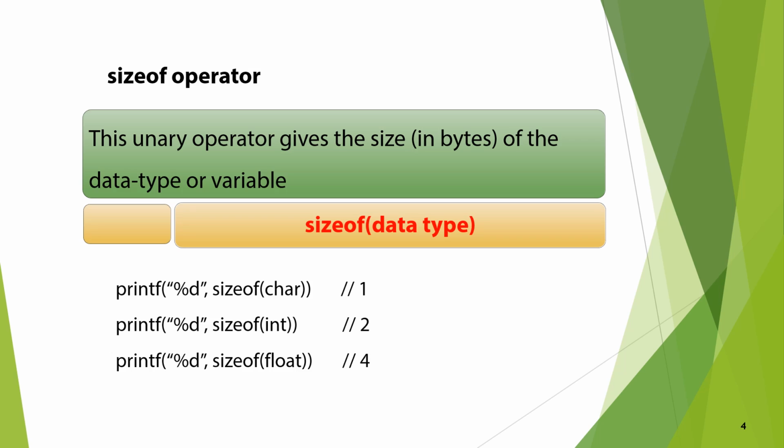We know that storing a character requires 1 byte, so the answer will be 1. Again, if we want to find the size of an integer or float, just write sizeof and then the data type in brackets, so that it will display the memory requirement, or number of bytes required to store that data type.